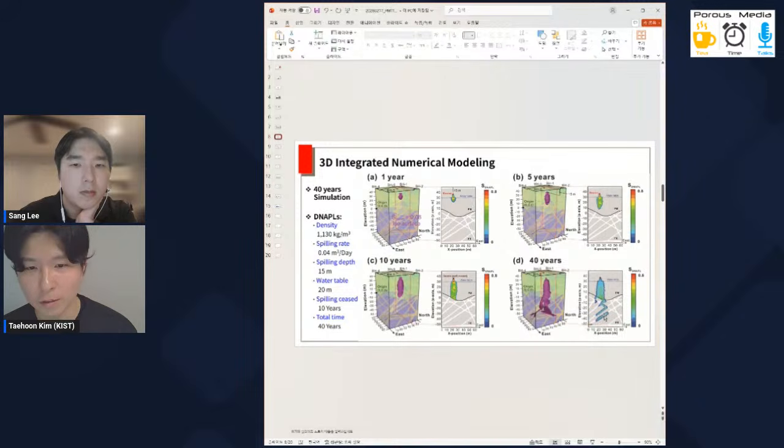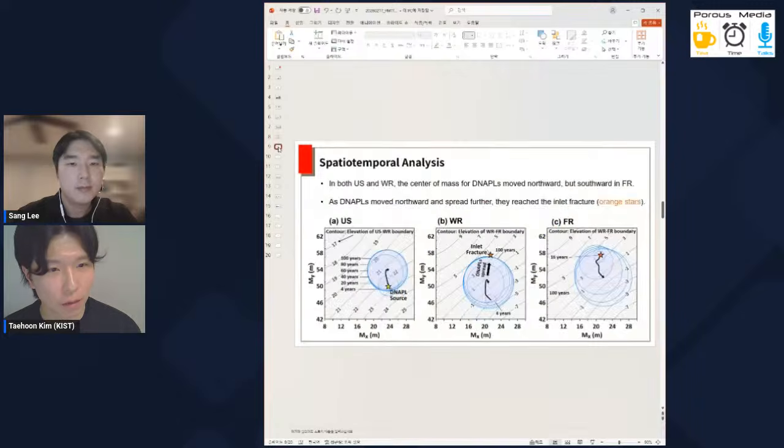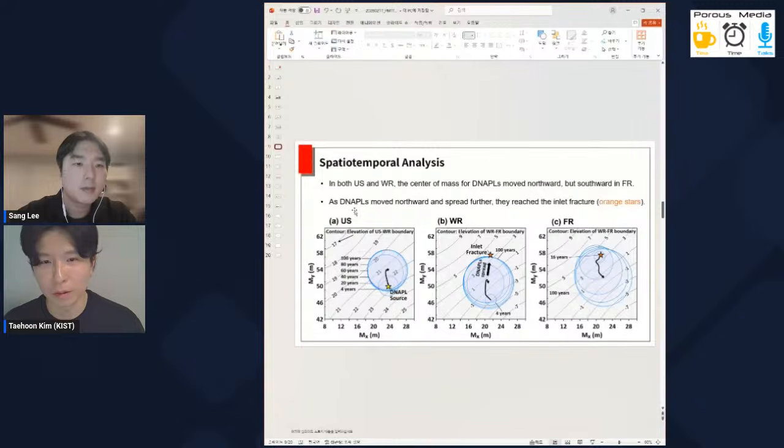But as you said, the migration in the permeable fractures is really fast, so they can migrate very rapidly, even out of the model domain. But I'd like to maintain the total mass within the domain, so I intentionally limited the boundaries so they accumulate at the bottom of the domain. I see. Yeah, thank you.